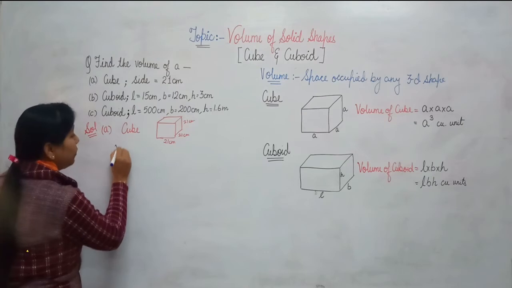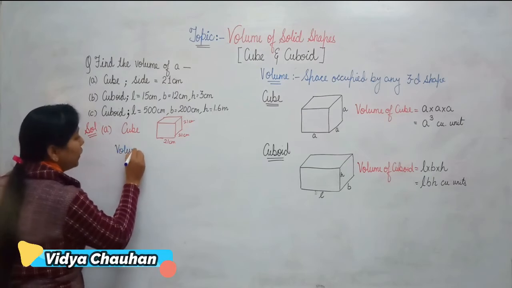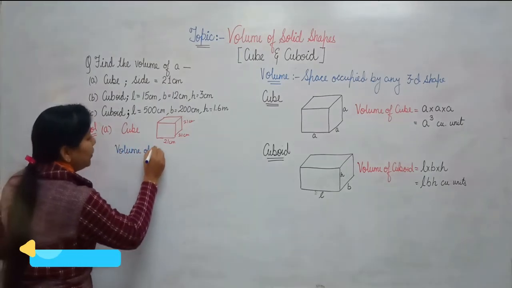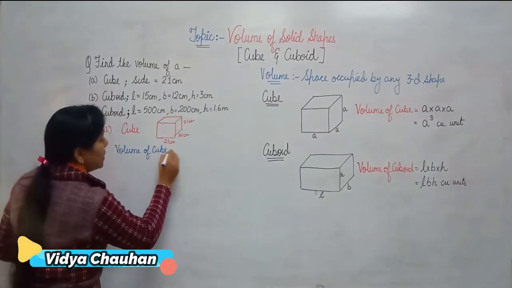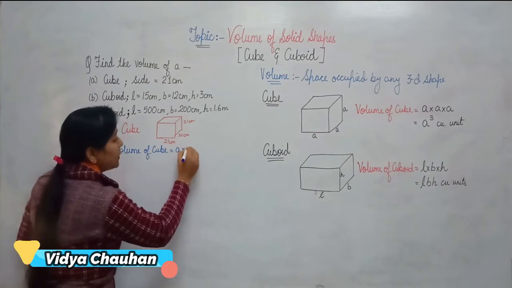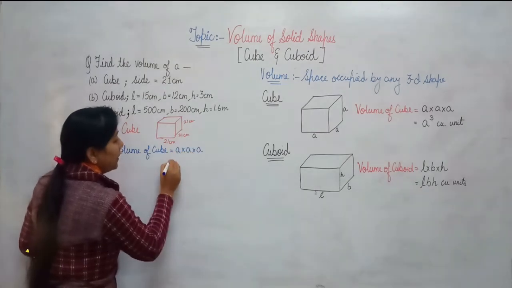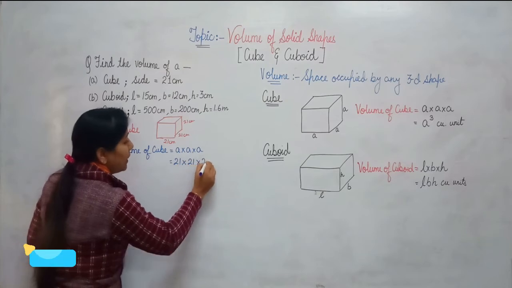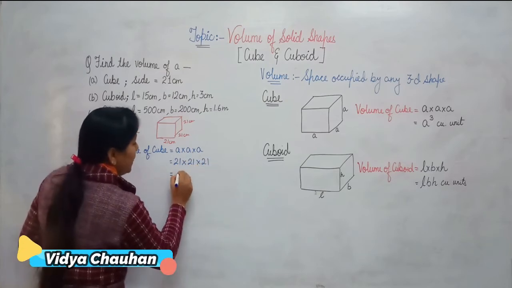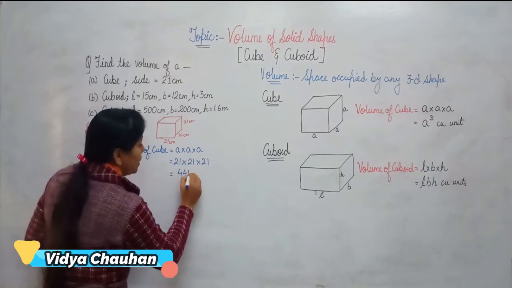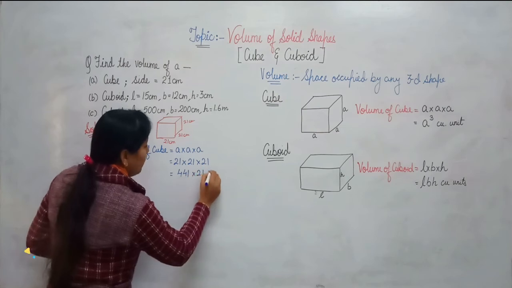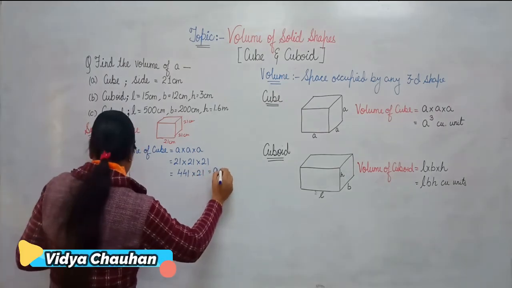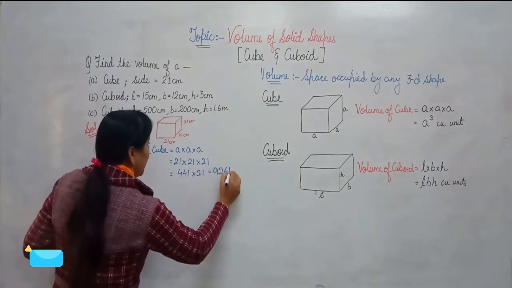Now it's time to calculate its volume. Volume of cube is equal to side into side into side. That means 21 multiply by 21 multiply by 21. 21 into 21 is 441, multiply by 21, and so your answer is 9261.